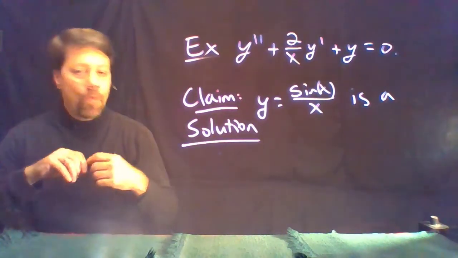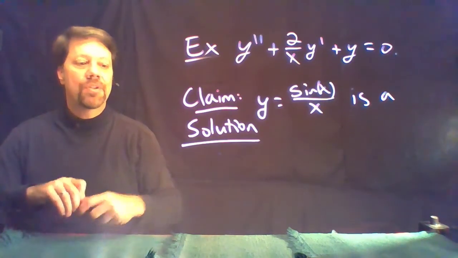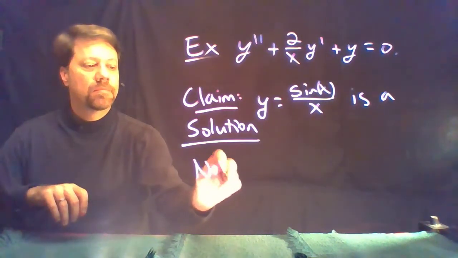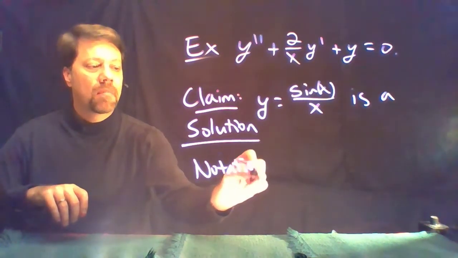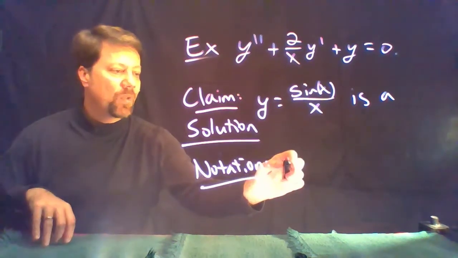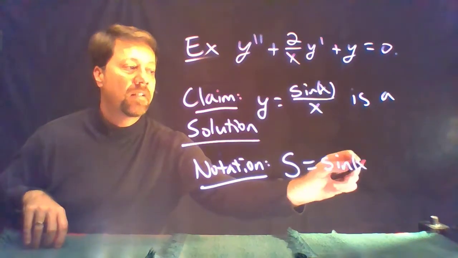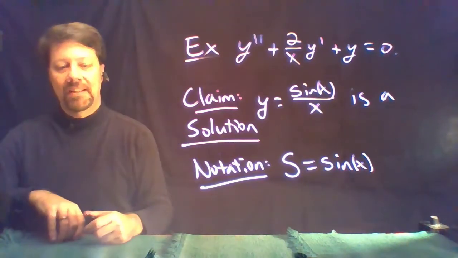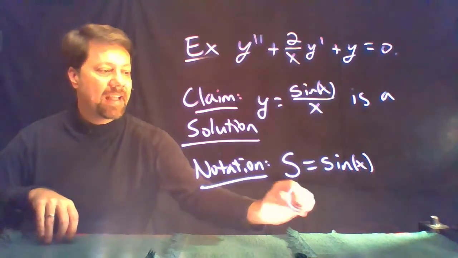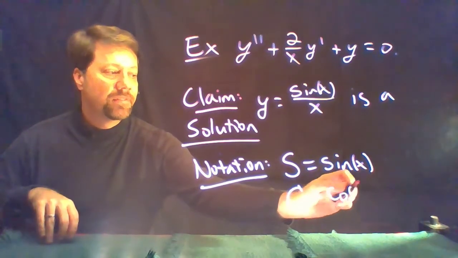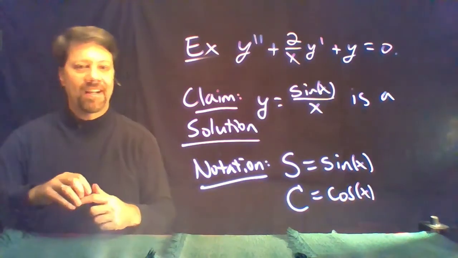But before checking this, I want to introduce a notation. I'm going to say S instead of sine of x, a little shorthand notation, and capital C instead of cosine of x.